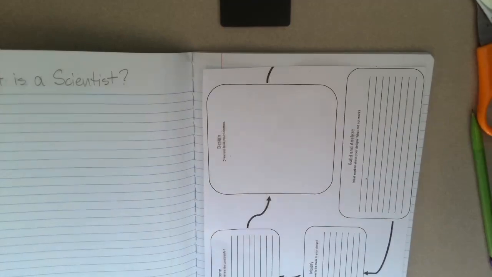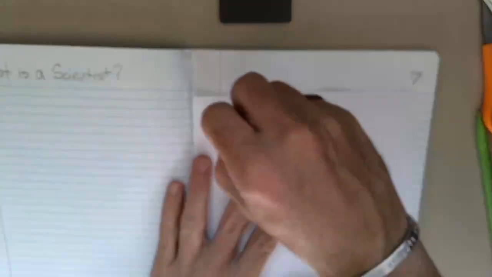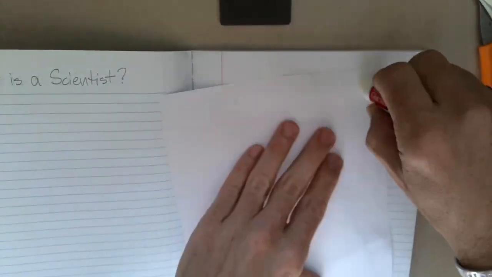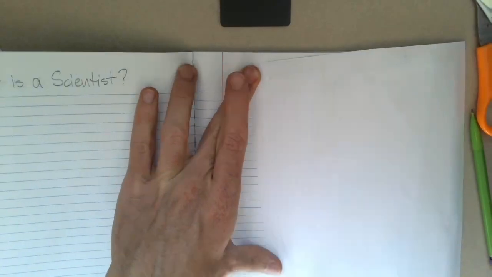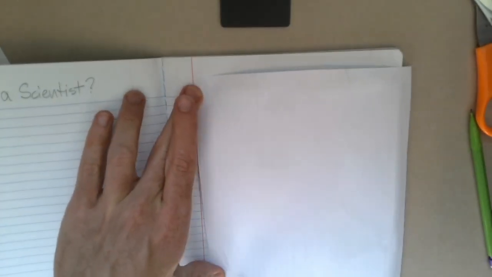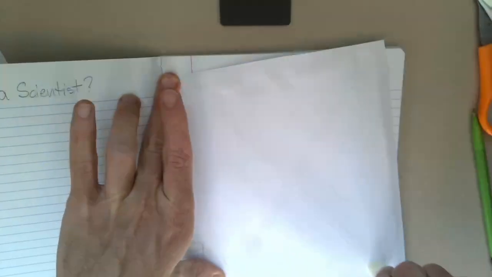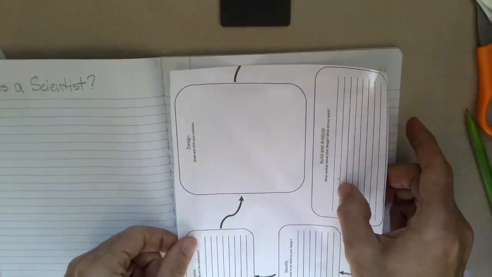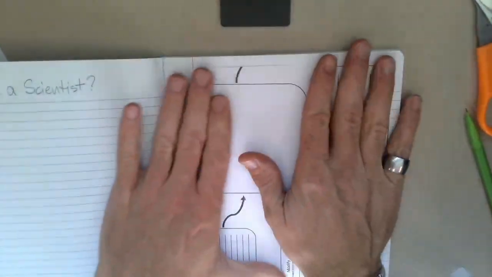So once you are confident you have it in the right location, we can get our handy dandy glue stick and glue this down. Feel free to pause the video if you need to and play it when you are caught up.